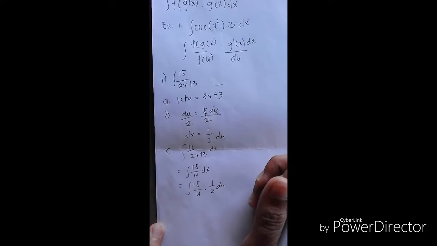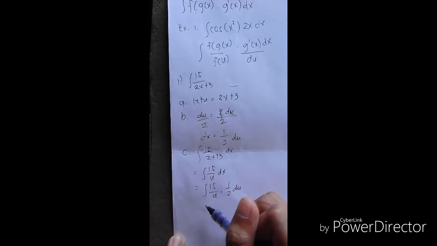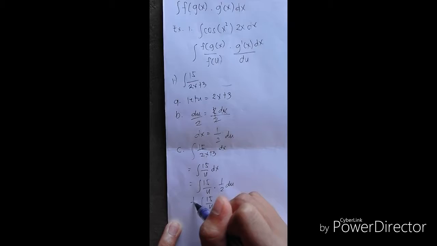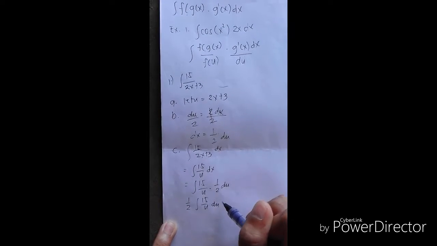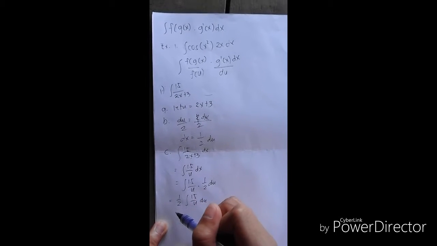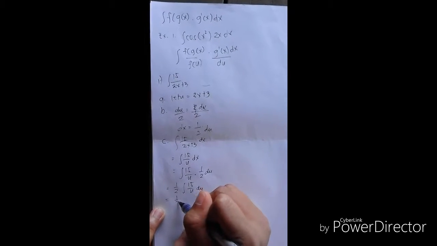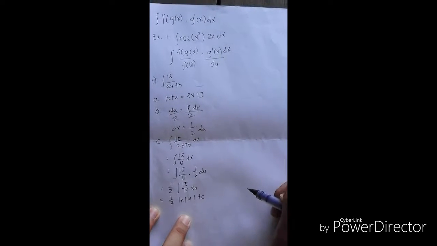As 1/2 is a constant, we may place it outside the antiderivative, so we have 1/2 times the antiderivative of 15 over u du. So we have the solution 1/2 ln of u plus c.